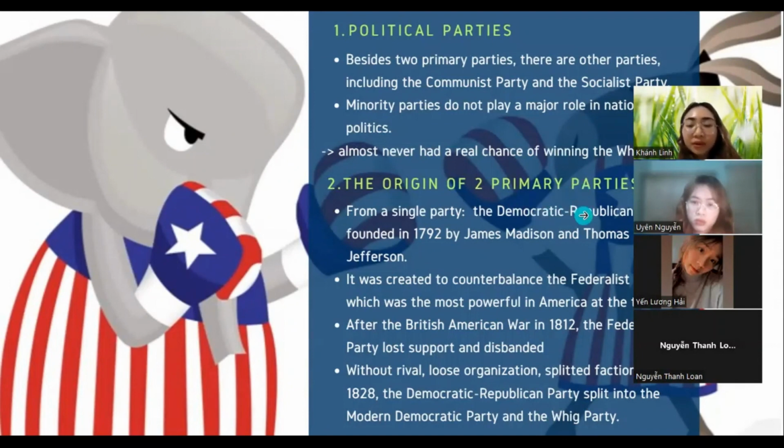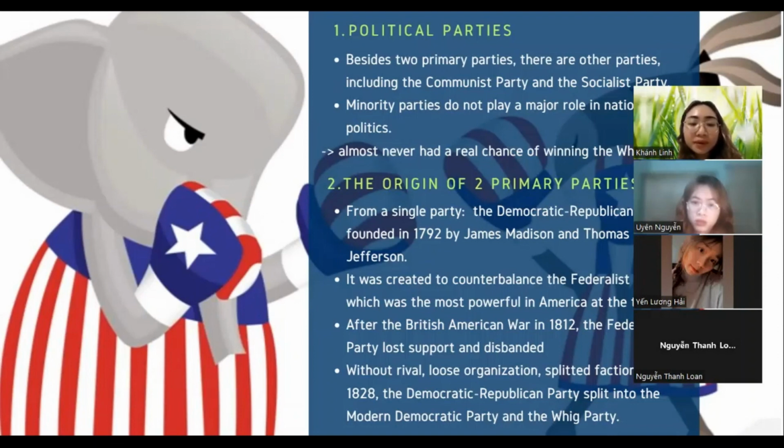And the second, I want to introduce to you the origin of the two primary parties. Originally, both Republicans and Democrats originated from a single party, the Democratic Republican Party, founded in 1782 by James Madison and Thomas Jefferson. The Democratic Republican Party was created to counterbalance the Federalist Party, which was the most powerful in America at that time.